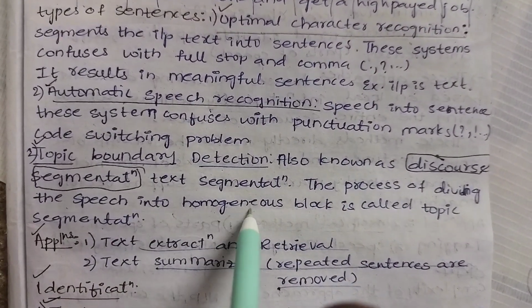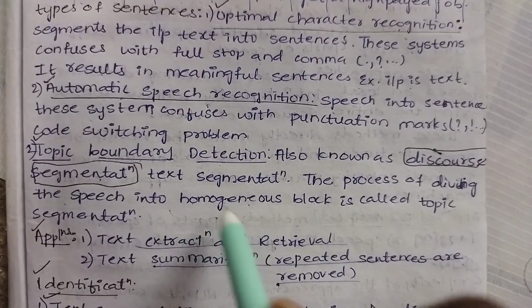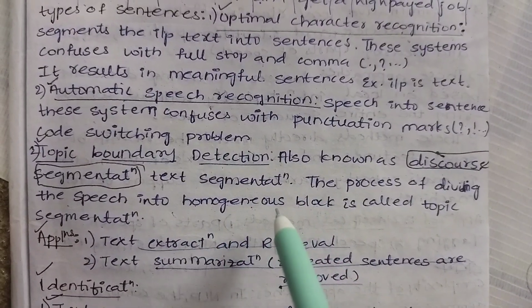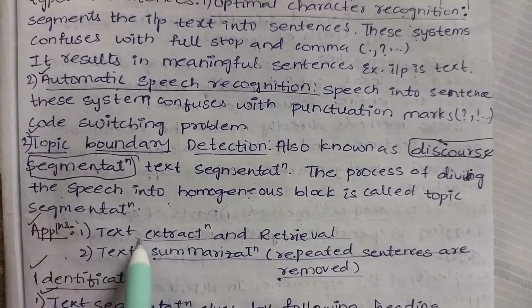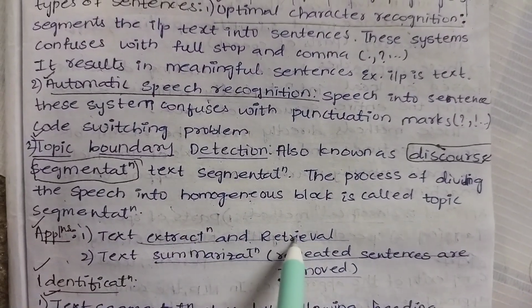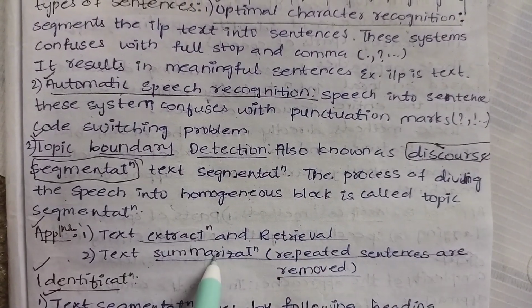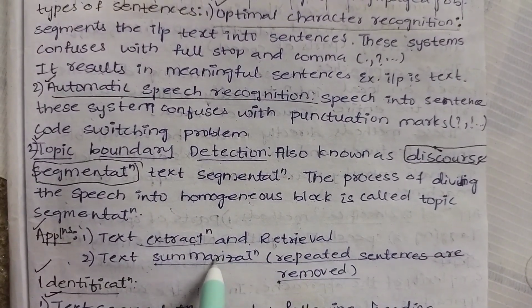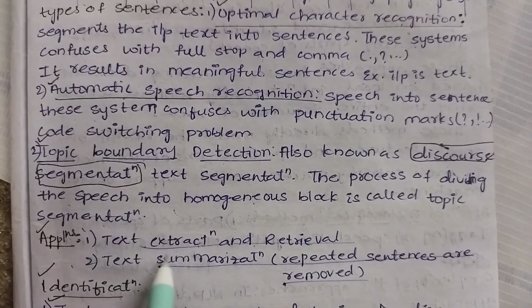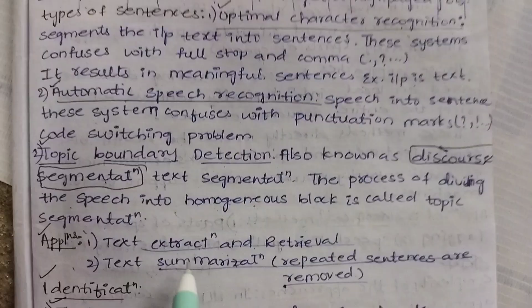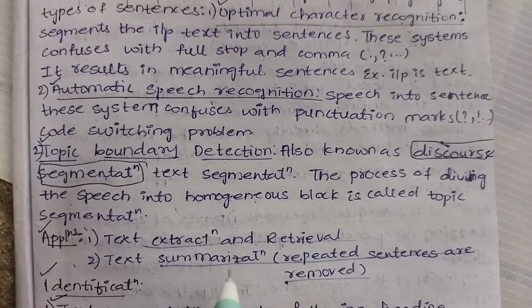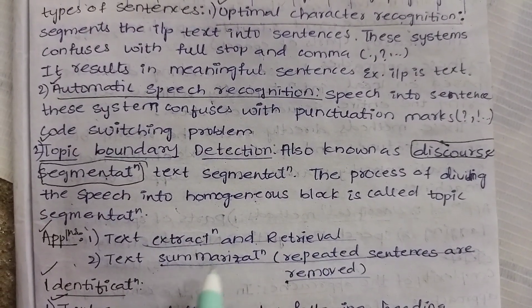We divide the concepts into different text formats, and we use this in applications like text extraction and retrieval, text segmentation and text summarization, where repeating sentences are removed. It should not contain duplicate sentences; they should be unique, different sentences.